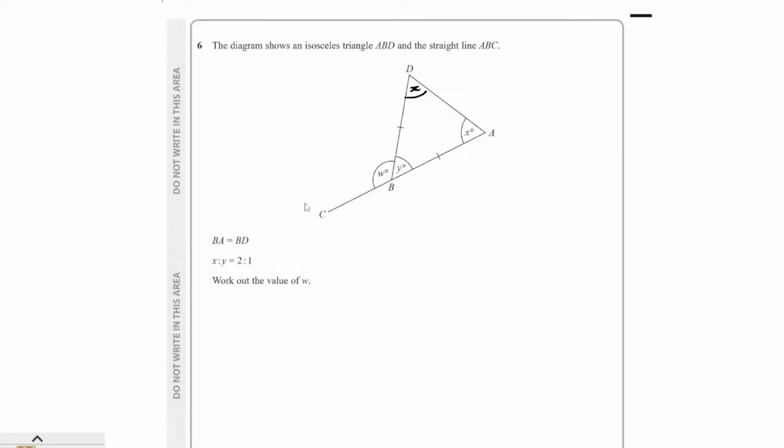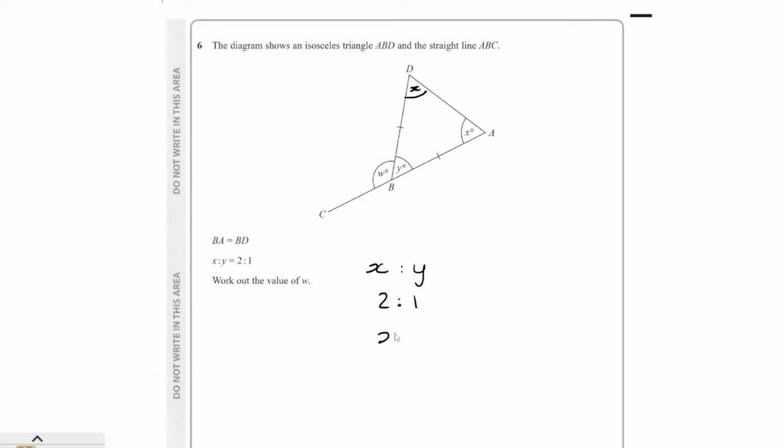Y into X. Okay. So X is 2, Y is 1. So you see how this one, Y is obviously half of X, isn't it?